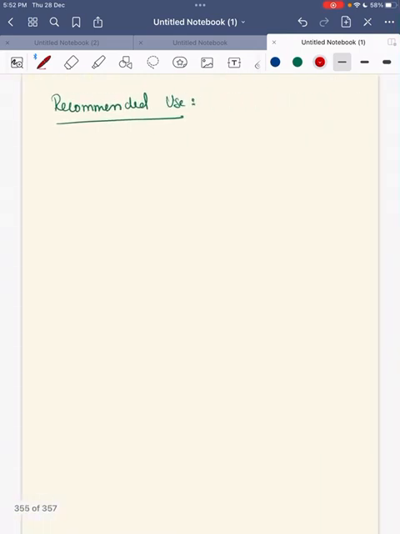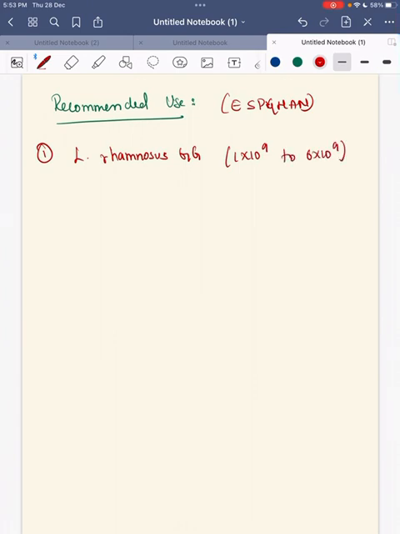Next, what are the recommended uses, mainly for NEC, necrotizing enterocolitis? According to the ESPGHAN guidelines, first, Lactobacillus rhamnosus GG at a dose of 1 x 10^9 to 6 x 10^9 colony forming units can be used.